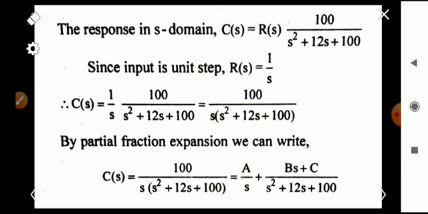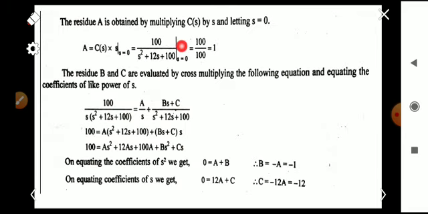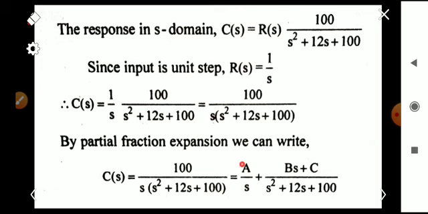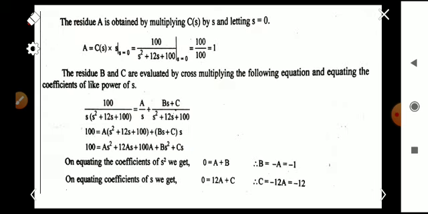For finding A, B and C we use this technique: A can be found by multiplying our C of s by the denominator of A. That is, for finding A we multiply this entire C of s, that is 100 by s square plus 12s plus 100, with the denominator s, and we equate the value of s as 0 because the root here is 0.